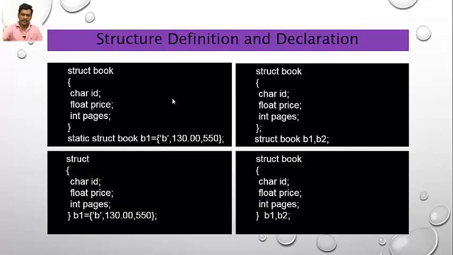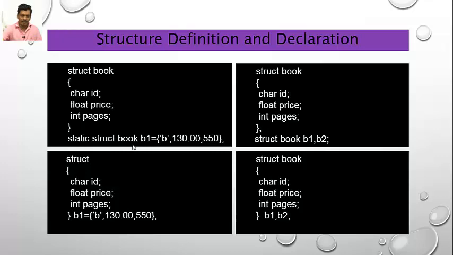Structure definition and declaration. We can define and declare in different ways. The definitions and declarations are equal. For example, struct book with a character id, float price, integer pages, and static struct book.